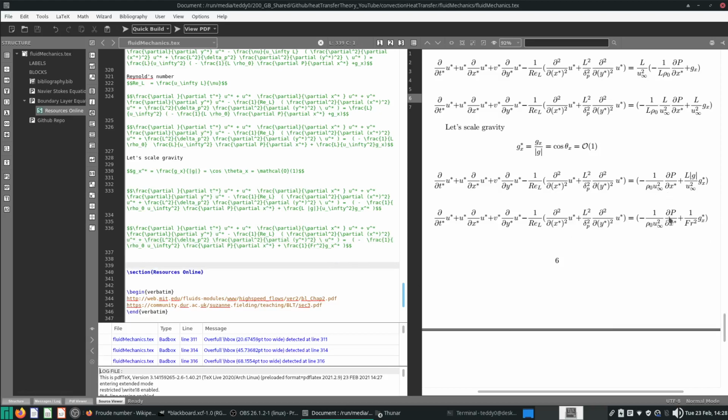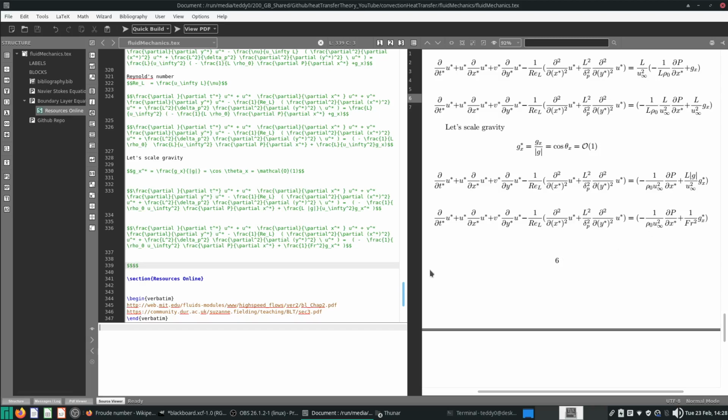The other thing here is that we want to scale our pressure. The easiest way to scale is of course P star equals P over rho naught u squared. Rho naught is the reference density of the fluid.